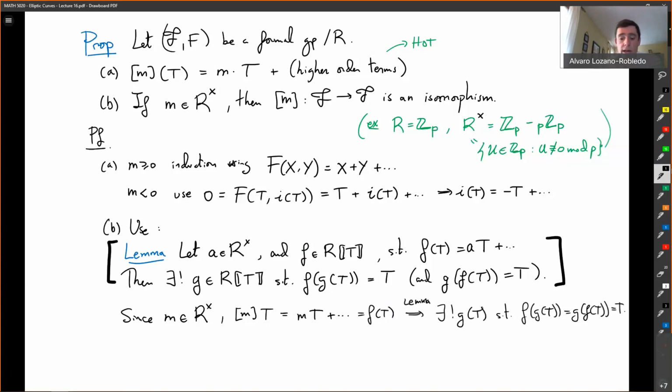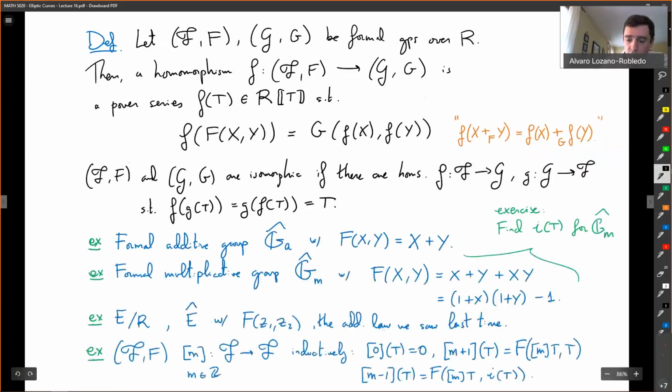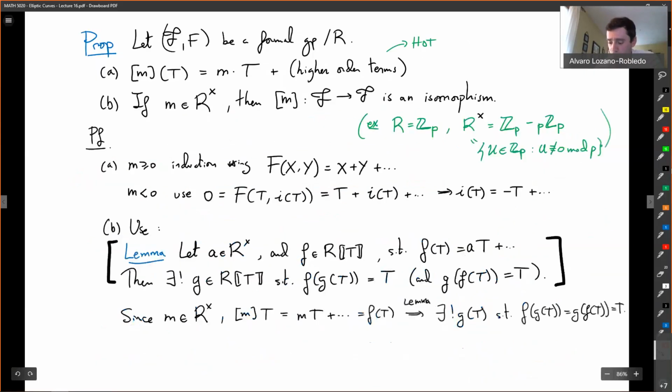But remember, let me go back to the definition of Hom. For it to be an isomorphism, this is not the only property that you need. You also need both to be Hom. So I need this g to be a Hom. So I also need g to have this property here. Let me show you that, as long as g is the inverse power series of f, then g is also a Hom.